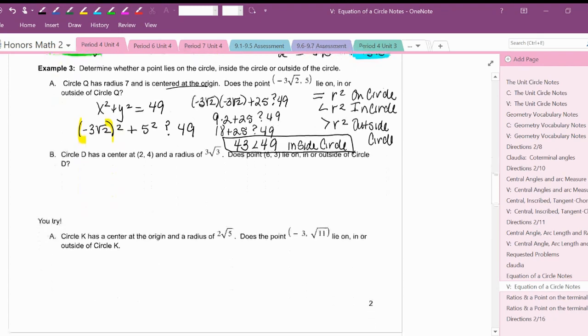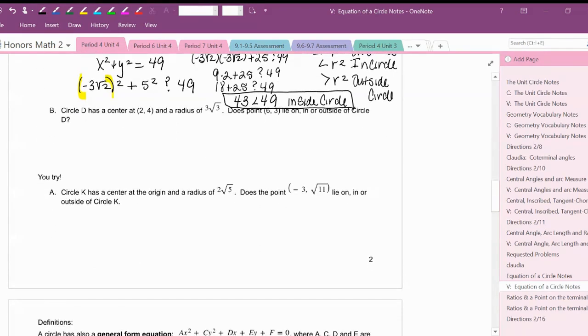Okay, I'll do another one, and then you are going to do one. Okay, the circle has a center now at (2, 4), with a radius of 3√3. Well, we need to square that. And does (6, 3) lie on the circle?